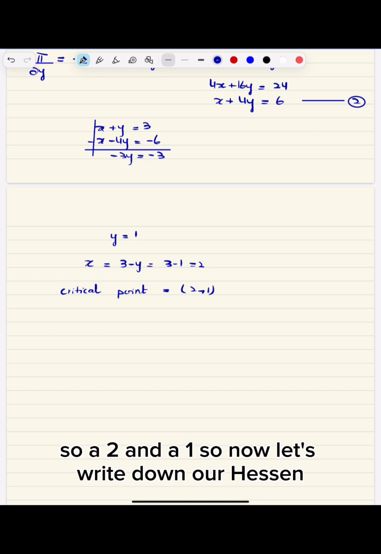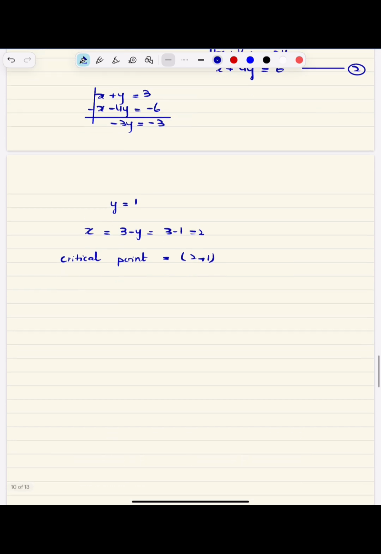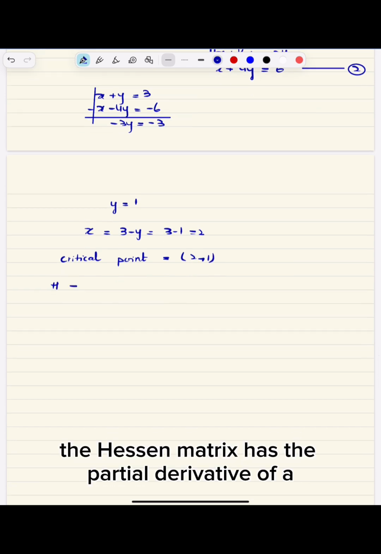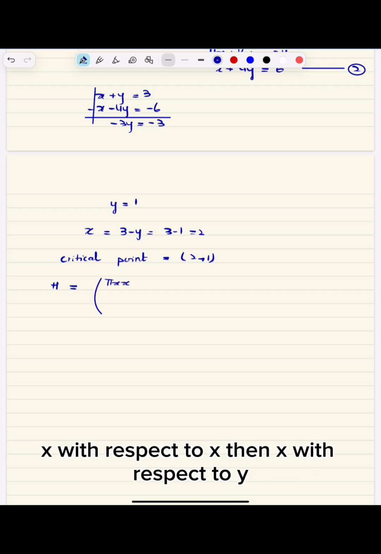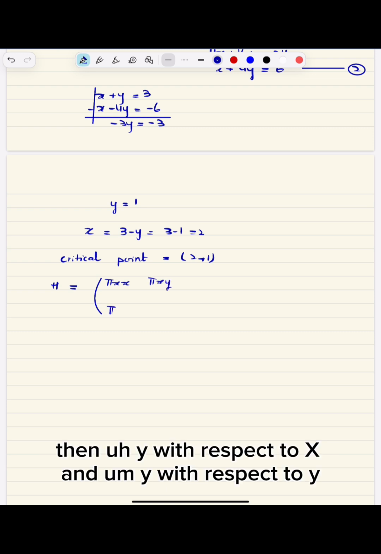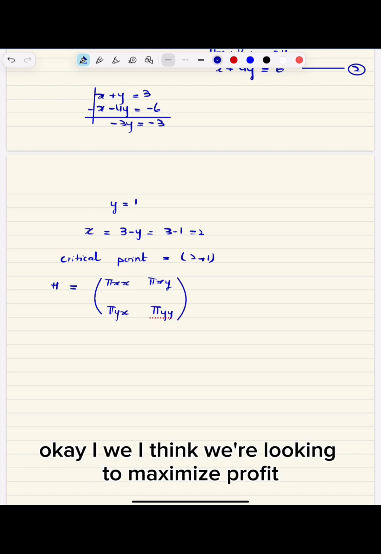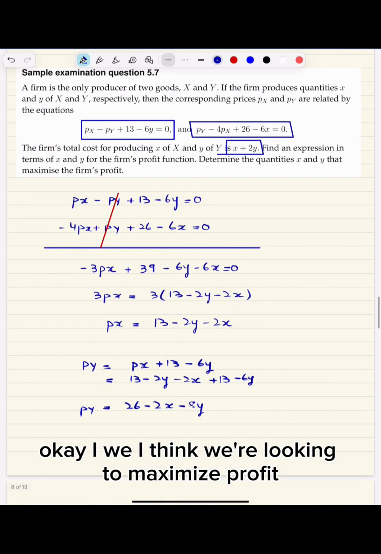So now let's write down our Hessian. The Hessian matrix has the partial derivative of x with respect to x, then x with respect to y, then y with respect to x, and y with respect to y. Okay, I think we're looking to maximize profit.